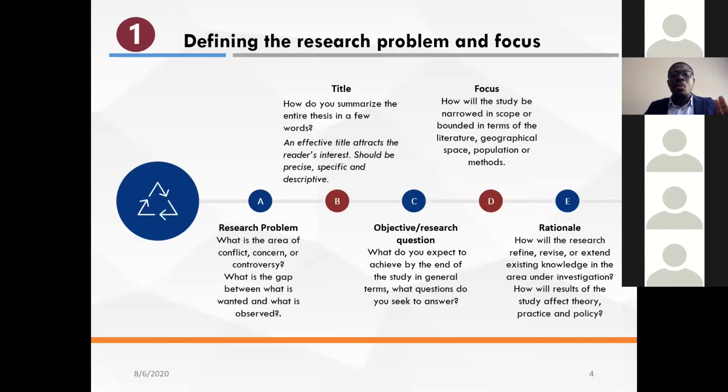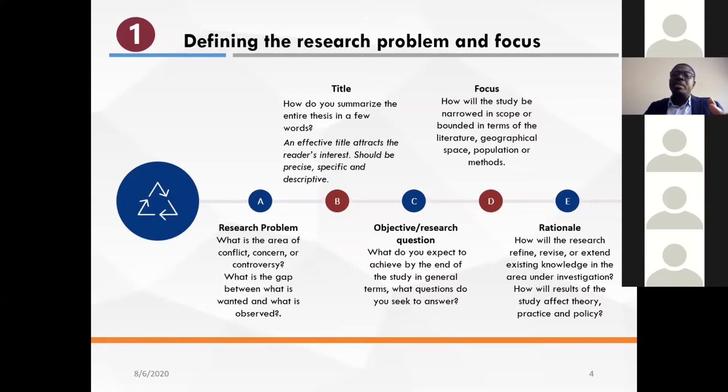So what is the area of conflict, or what is the area of concern or controversy that you want to research on? For PhD work, most of the time we are interested in the knowledge gap. And so what is the gap in the knowledge that you think your work will help to fill? And then once you are able to identify a problem and it is well formulated, on the basis of that, you can have your title or your topic.